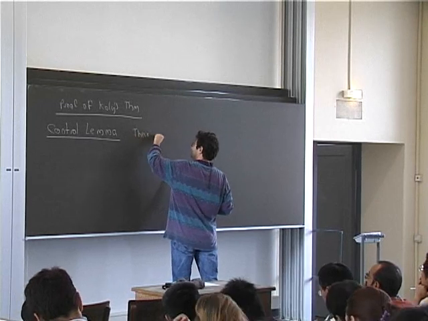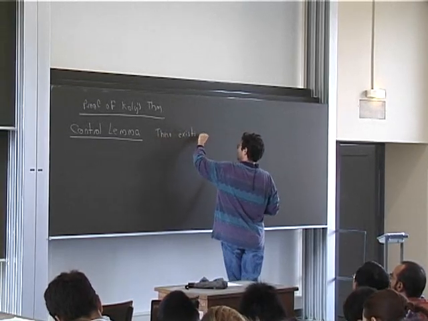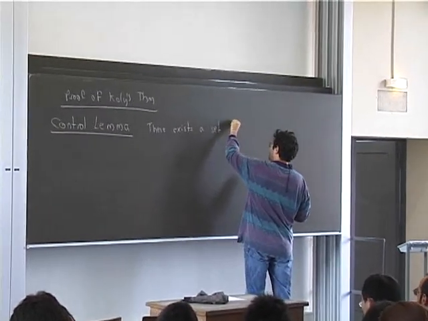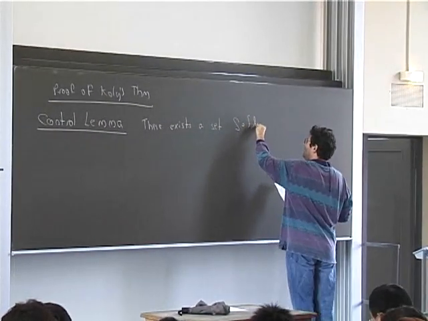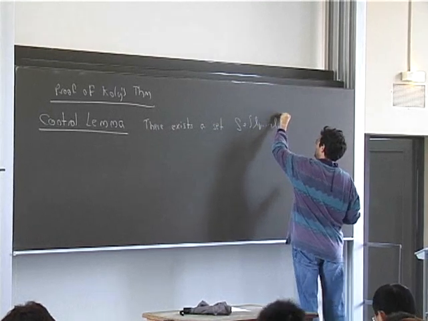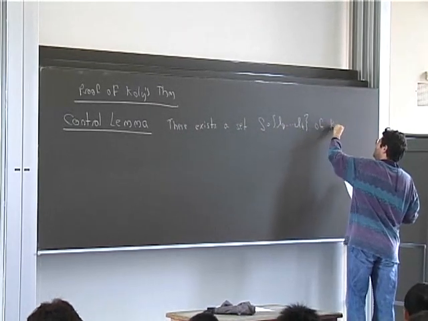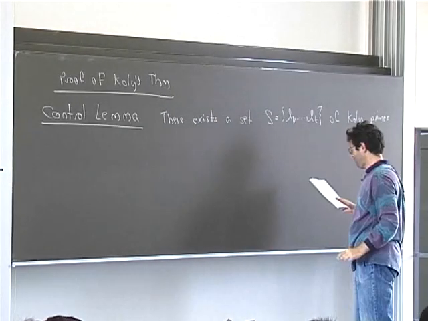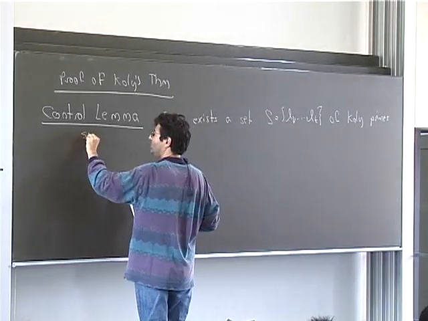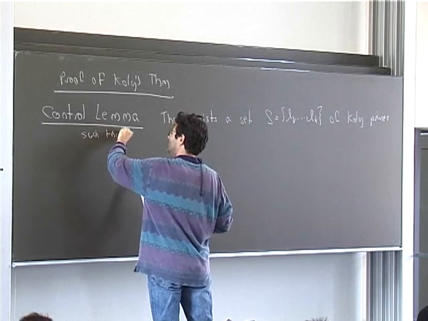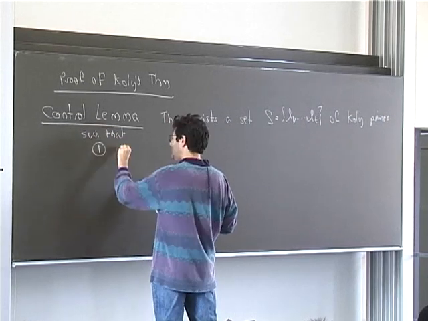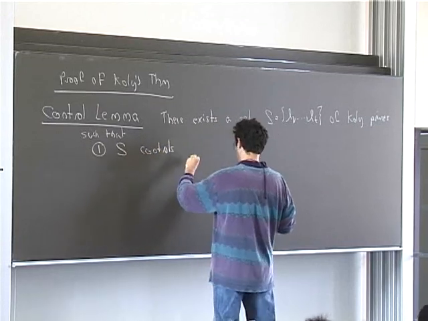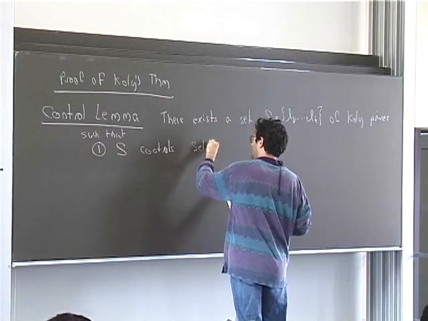There exists a finite set S equals L1 up to Lt of Kolyvagin primes with the following properties. So the first property is that S controls the p-Selmer group of E over K.